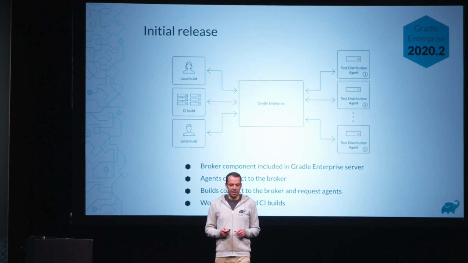They can request agents from the broker, which assigns agents to the builds, and they communicate with the agents to run tests. And very importantly, this works for local and CI builds. There's no difference. It doesn't matter where these builds are running. It's totally unimportant.